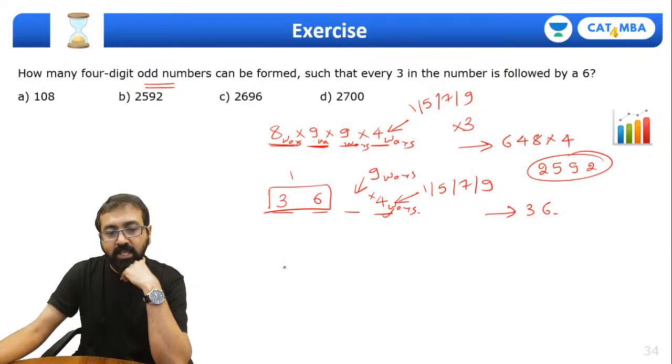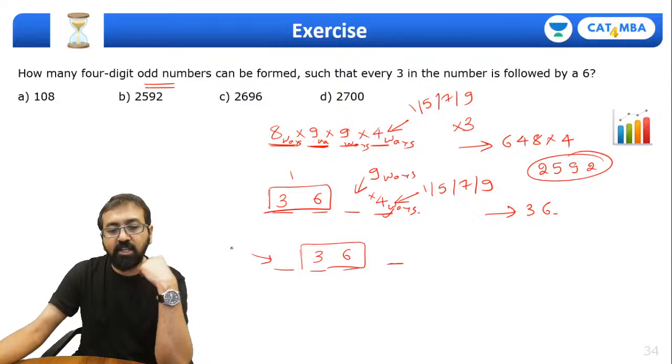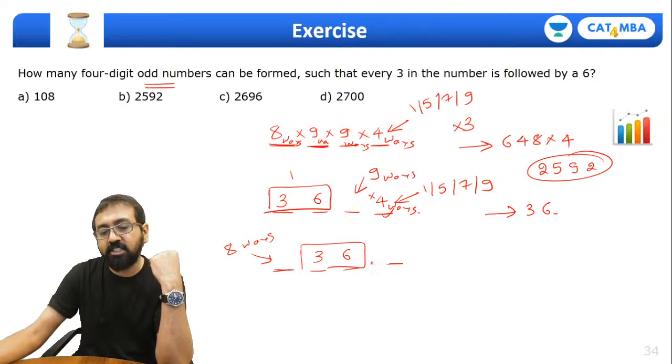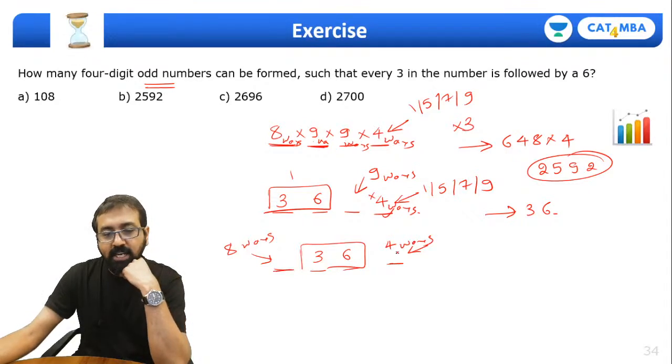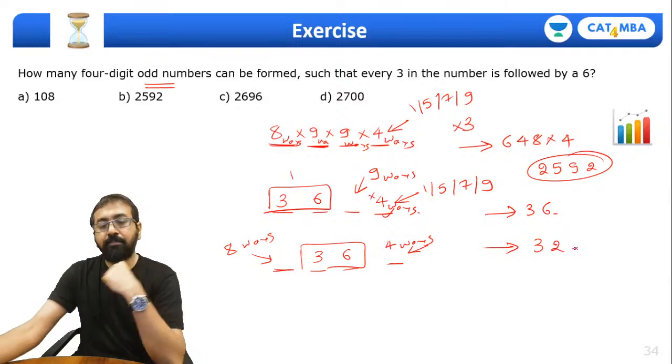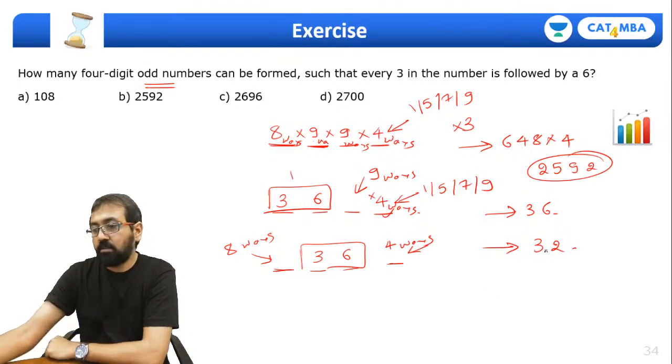Correct? Okay, same way 3, 6 can be over here also. So let's fix them. Now this can be filled in 8 ways except 0 and 3. I can fill by any of the digits, and this has to be filled by the same 4 ways. So this will come out to be 8 into 4, 32 ways. Correct, everyone?